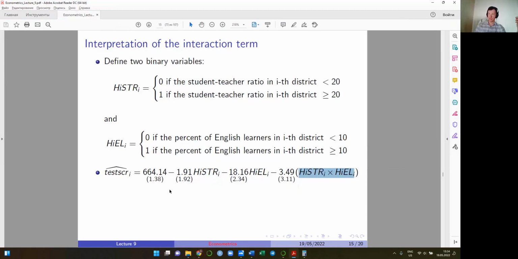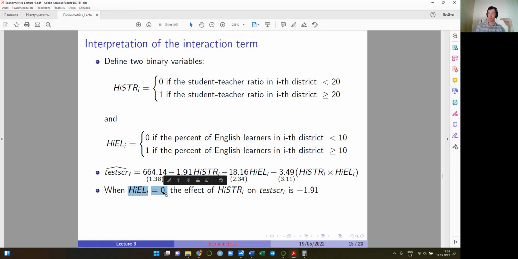Let's try to interpret these coefficients. Those of you who are attentive enough can see that this is not significant, this is not significant, but still, let's try to interpret the coefficients first. If they were significant, what would be the interpretation? For districts with a small level of English learners, so for districts with a small level of migrants, the effect of a large class is minus 191.